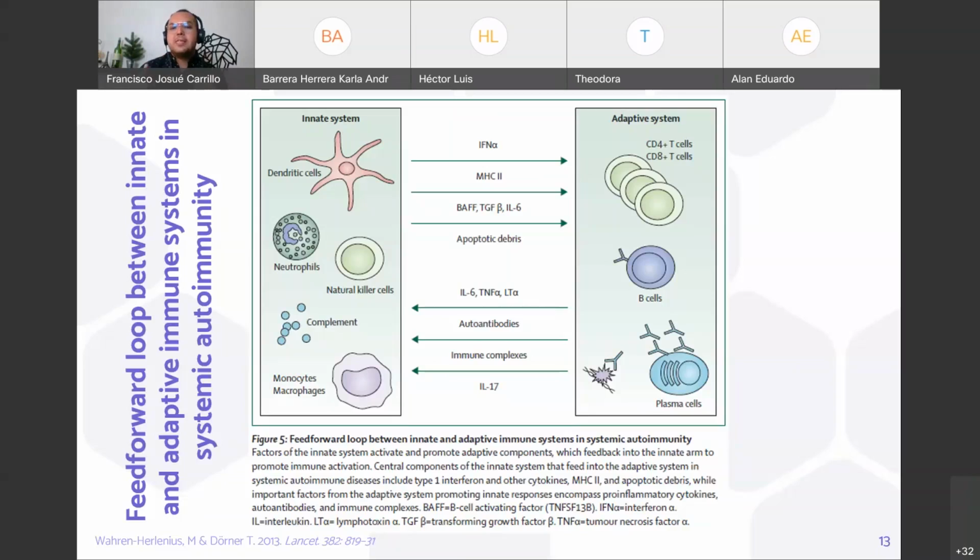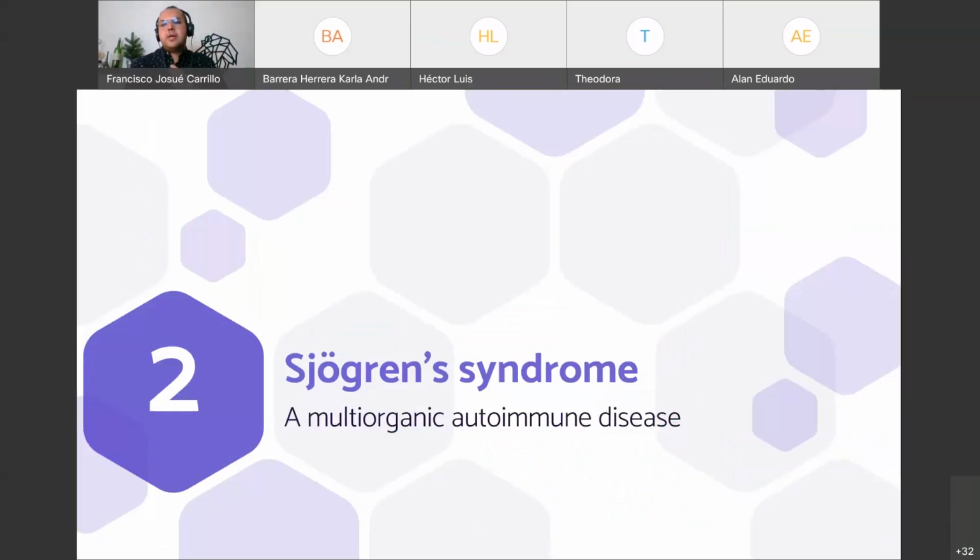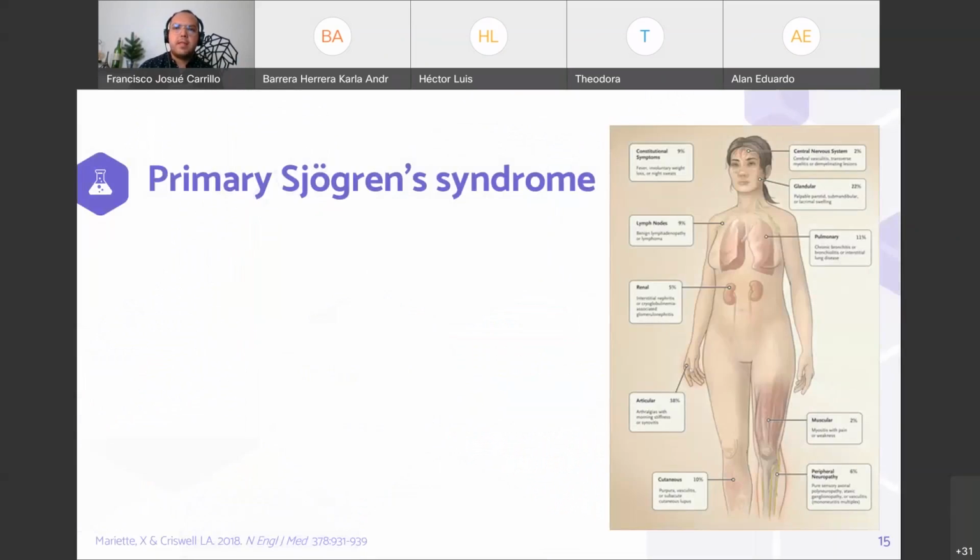But these cells also promote the pro-inflammatory state through neutrophils, monocytes, macrophages, natural killer cells, etc. So this is just a review of this complex system, but we're going to take Sjogren syndrome, a multi-organ autoimmune disease, as the model of study, and this is the main theme of the article we're going to talk about.